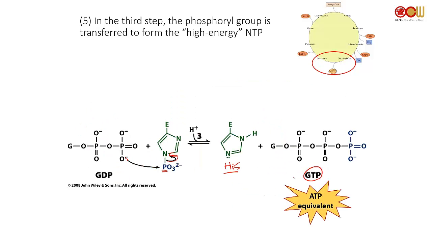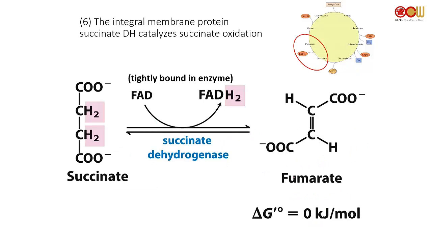Then 3-phosphohistidine passes that phosphate onto GDP, which gives you GTP. This is like acetyl-CoA giving you acetate, same thing. Right? Now, this next part is turning succinate into fumarate.